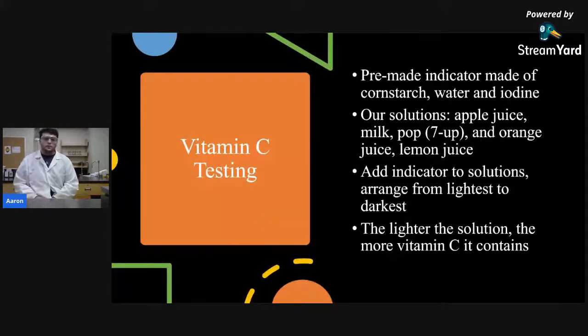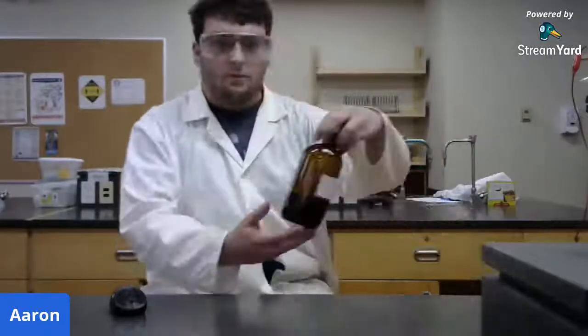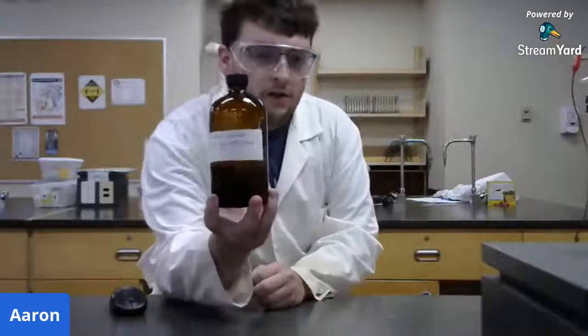So we can actually use these redox reactions and these vitamins to see how much is contained in certain foods that we eat. For our first little experiment, I have with me here some iodine starch indicator.